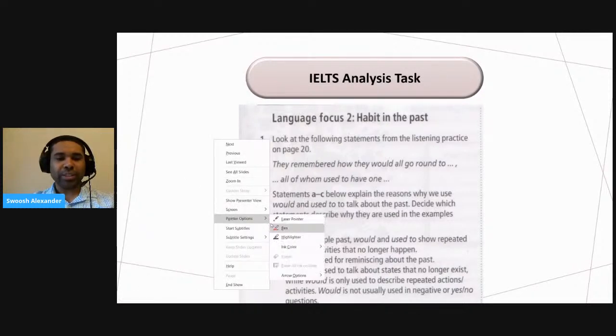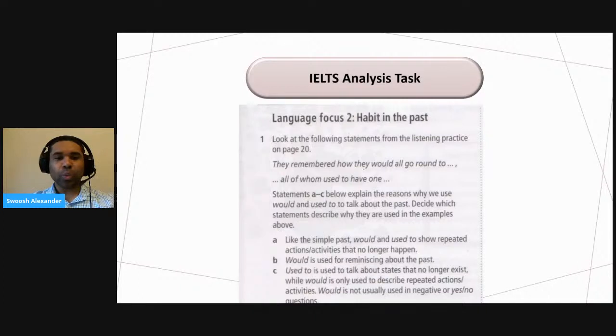And so the question is, why are we using would in this case? And why are we using used to? Clearly, both of these sentences are referring to the past, but there are three reasons why we might use would or used to. A, like the simple past, would and used to show repeated actions or activities that no longer happen.